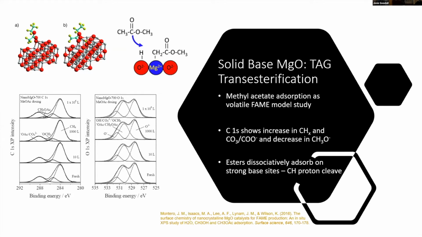And so DFT studies in conjunction with these suggested that the ester absorbing through this carbonyl function onto the surface could then promote some CH proton cleavage, and that led to a postulation that this would actually deactivate the catalyst. So when we get esters dissociatively absorbing on the strong basic sites, this could lead to on-stream deactivation.